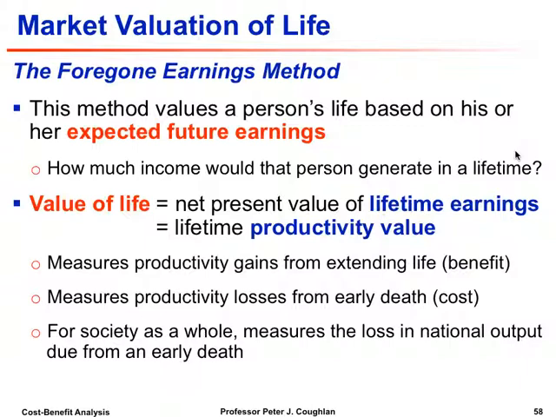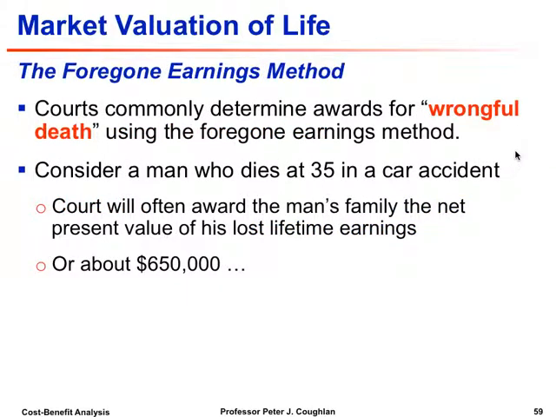What your lifetime earnings would be if you lived to a certain date or a longer time; often they are evaluating what your lifetime earnings would have been when your life has been lost prematurely. And this is what courts often do.